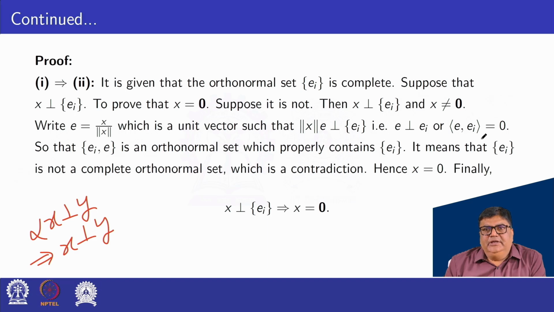Meaning of this is inner product of e and Ei is equal to 0, so that set Ei and e is an orthonormal set which properly contains Ei. It means that set Ei is not a complete orthonormal set, which is a contradiction. Hence, x is equal to 0 vector.